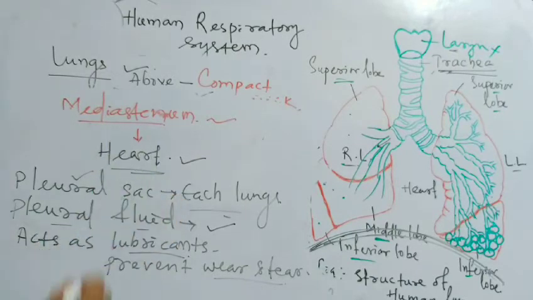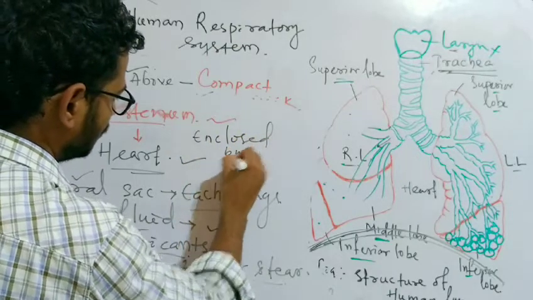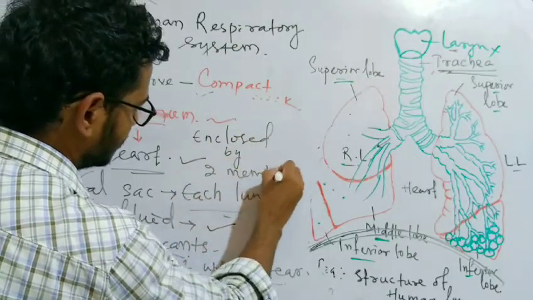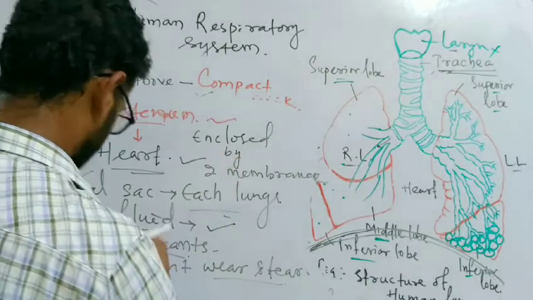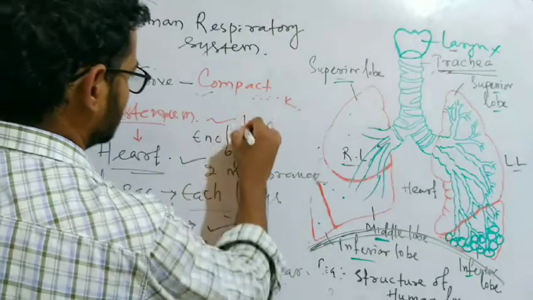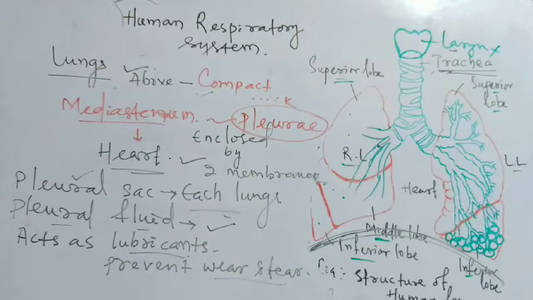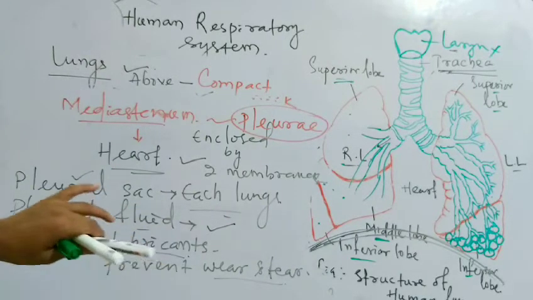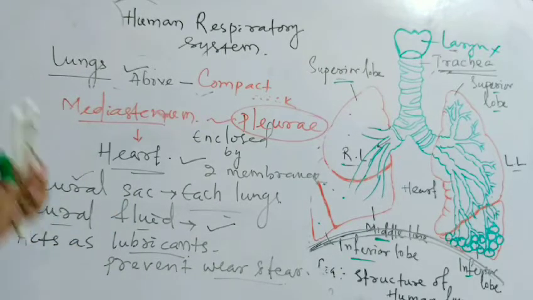The lung is enclosed, remember, by two membranes called the pleural membrane or pleurae. These two layers form a cavity, the pleural cavity or pleural sac, where the pleural fluid is present.